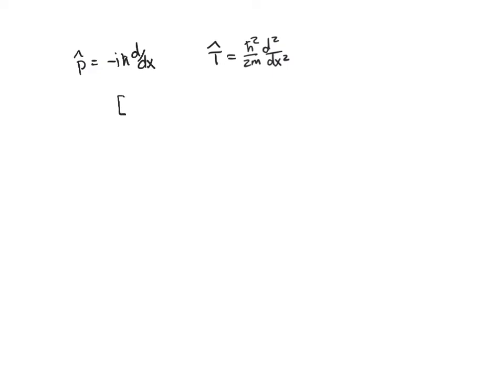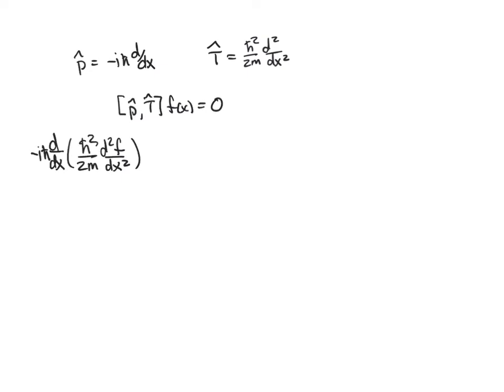Well, what I'm looking for is, do P and T, when I operate on any well-behaved function, does that commutator equal 0? So I need T, so h bar squared over 2m, take the second derivative of f with respect to x, and then I need to operate on the result of that with minus i h bar, take the derivative.